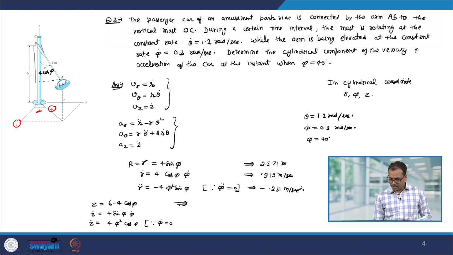Now let us look at its value when phi is equal to 40 degree. So z becomes 2.936 meter, z dot becomes 0.771 meter per second, and z double dot is 0.276 meter per second square.